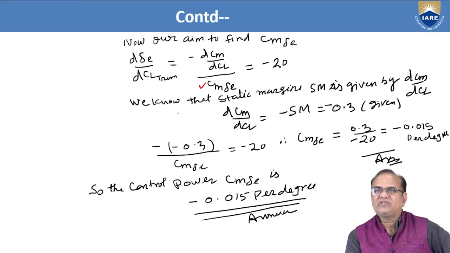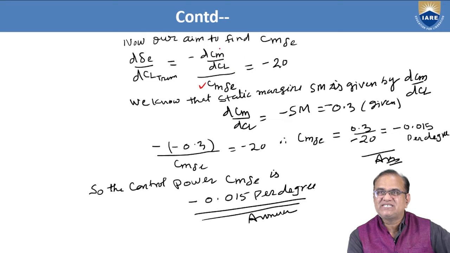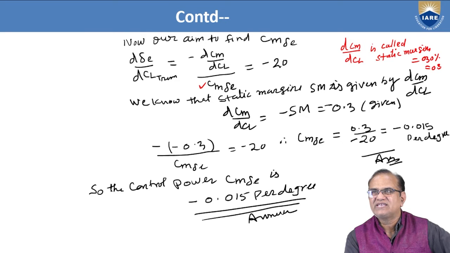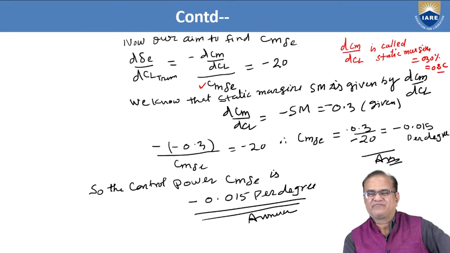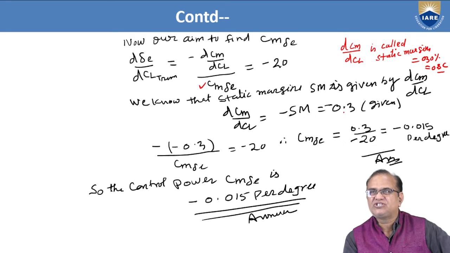Now how do we get the other number? We know that static margin SM is given by dCm by dCL, called the static margin, and it is given as 30% or 0.3 C. So dCm by dCL is equal to minus static margin, or minus 0.3.